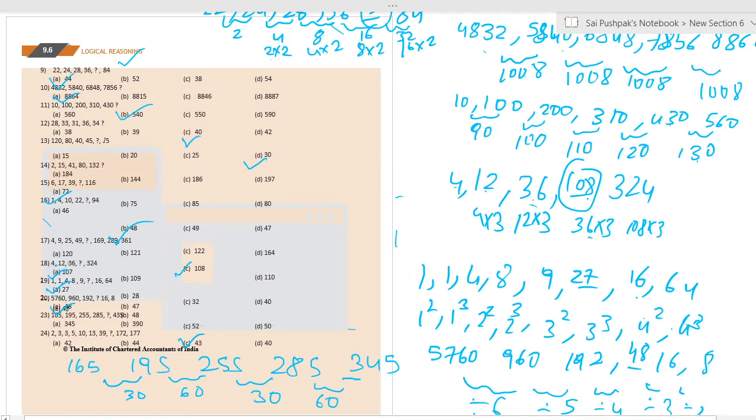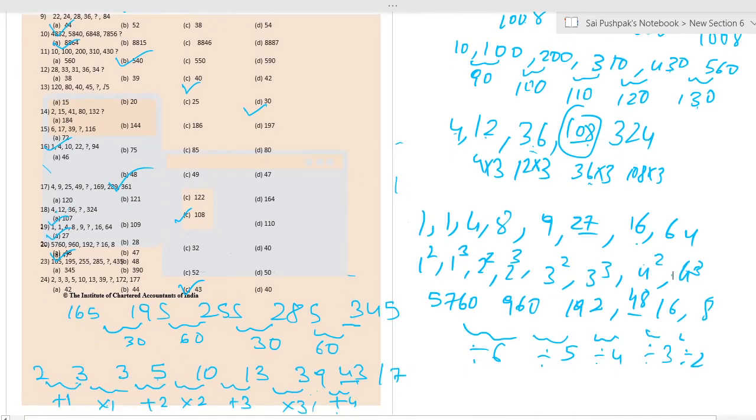20th question, 5760, 960, 192, dash. Guys, here also if you see, the difference is rapidly decreasing. So it means it's a case of division. So 5760 divided by 6, you get 960. 960 divided by 5, you get 192. 192 divided by 4, you get 48.